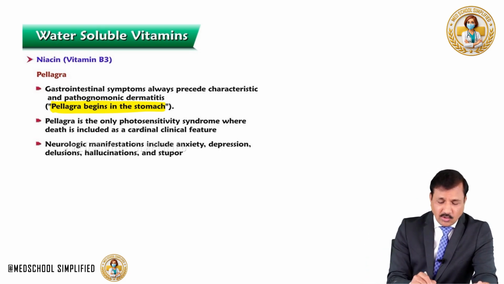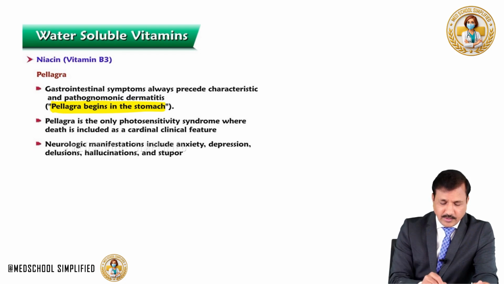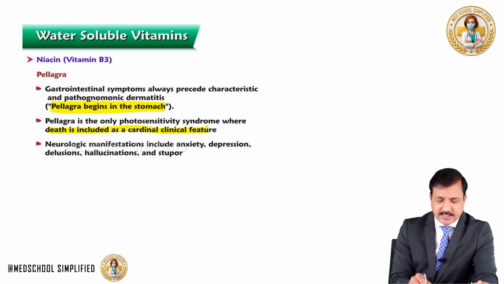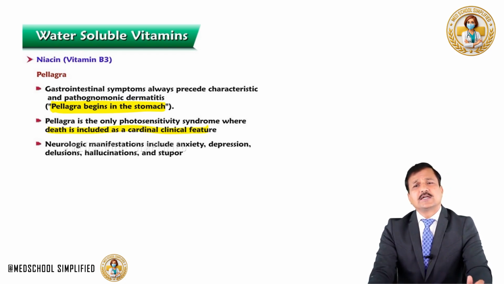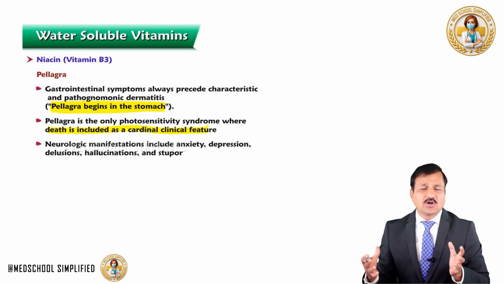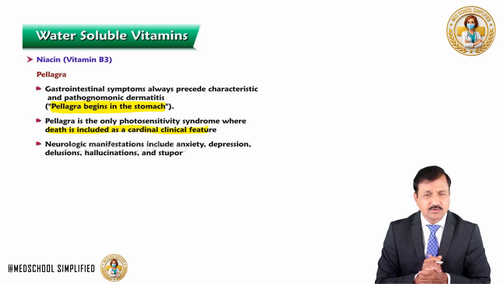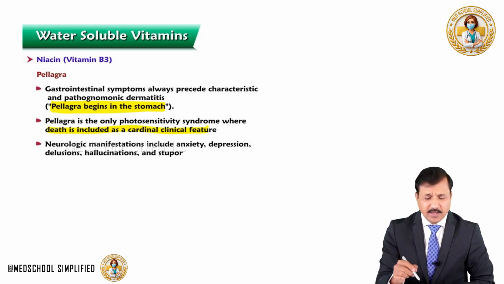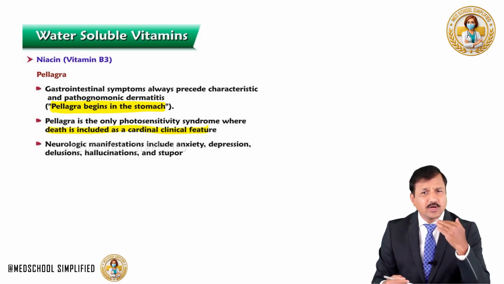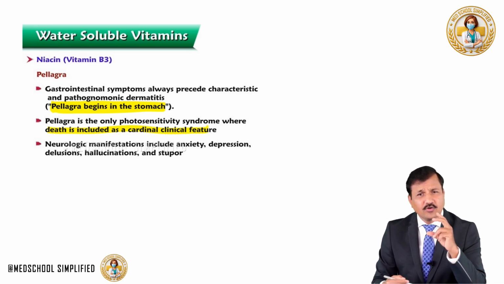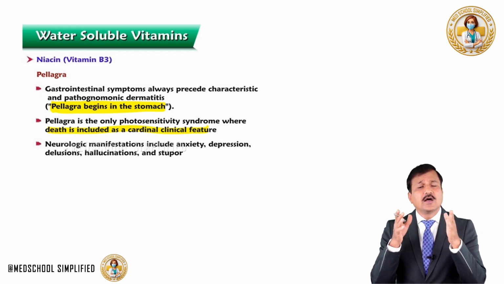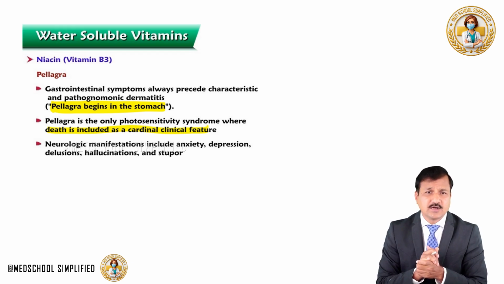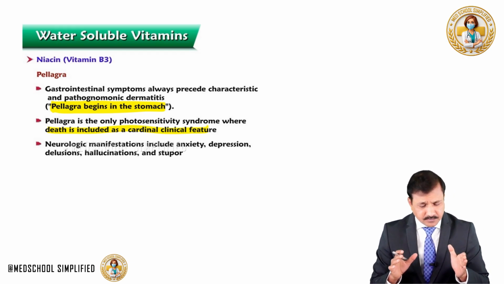So, pellagra is the only photosensitive syndrome where death is included as a cardinal clinical sign, because death is not usually a sign of a disorder, especially in a photosensitive syndrome. Whereas here in the diagnosis of pellagra, we are looking for 4 Ds: diarrhea, dermatitis, dementia, and the 4th D is death. So, death is also included in the cardinal features of the disease.